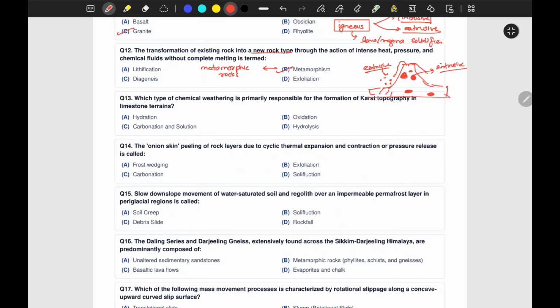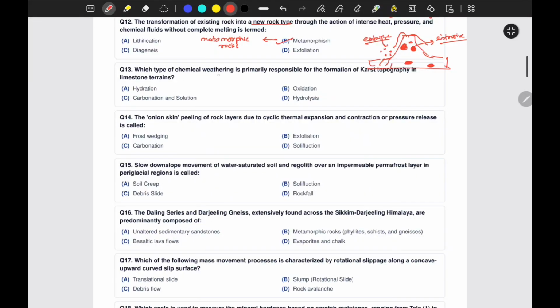Question number 13. Which type of chemical weathering is primarily responsible for the formation of karst topography in limestone terrains? Hydration, carbonation and solution, oxidation, or hydrolysis? It is C, carbonation and solution.